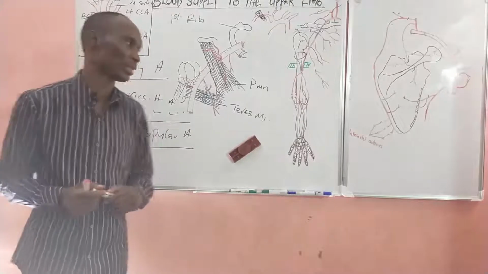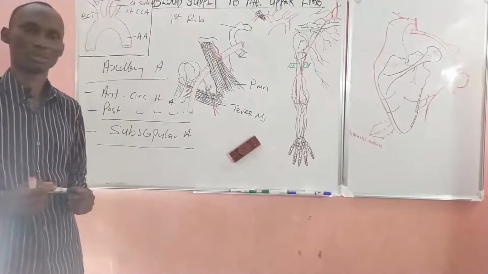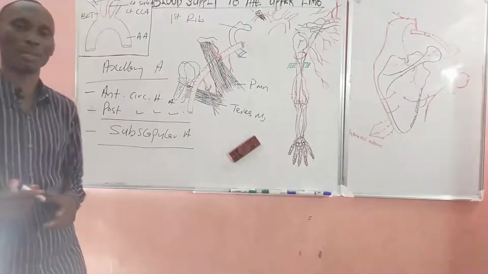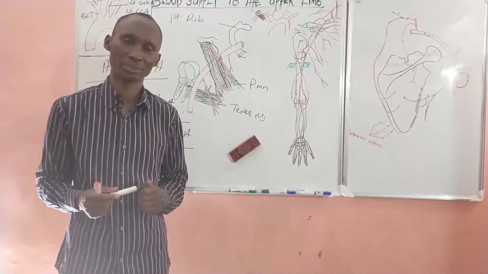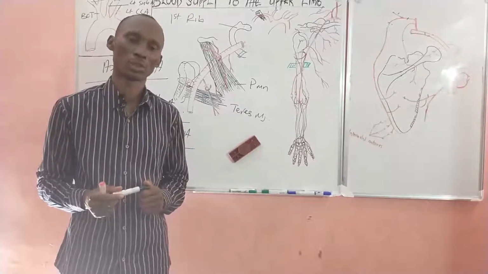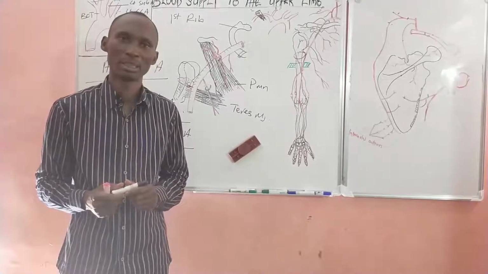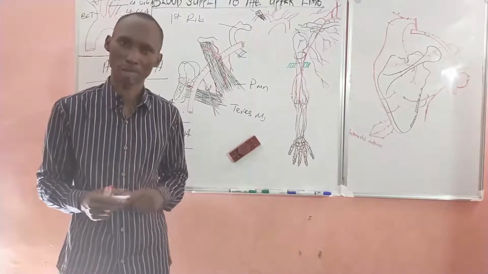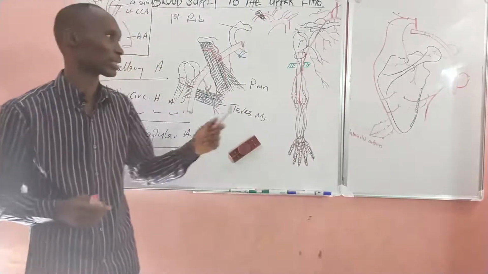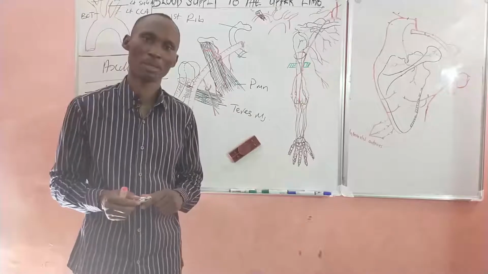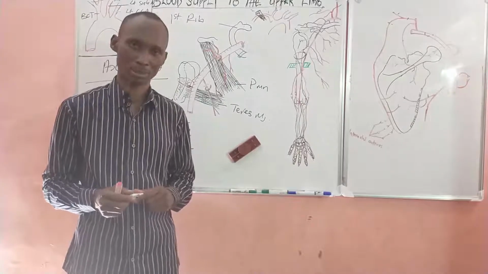Next will be this anastomosis. If there is a problem between the first part of the subclavian artery and third part of axillary artery, there is a provision for collateral supply. That provision for collateral supply is the function of the scapular anastomosis. We will look at the scapular anastomosis.